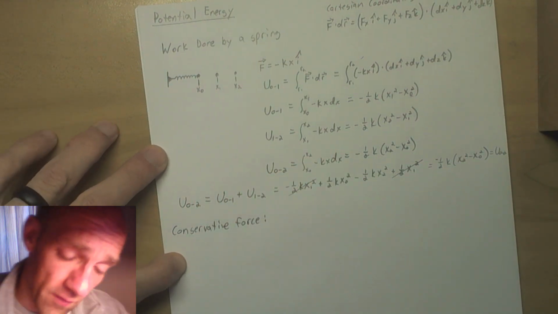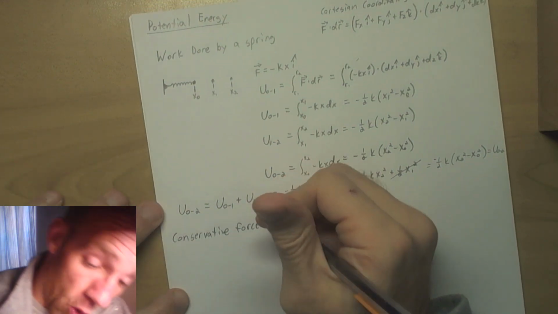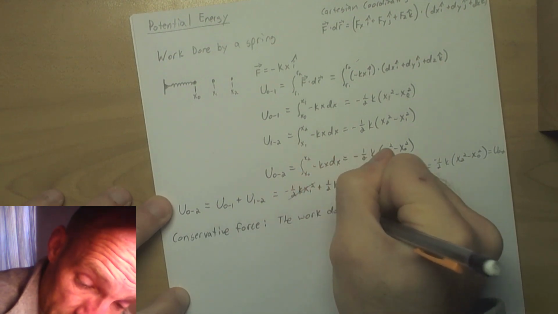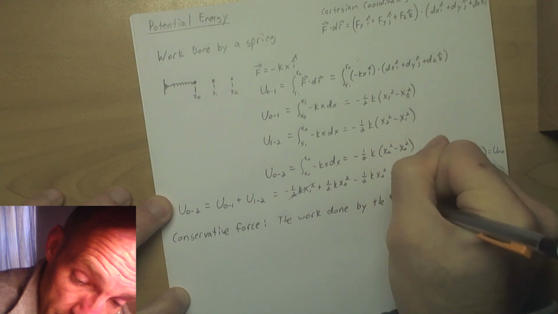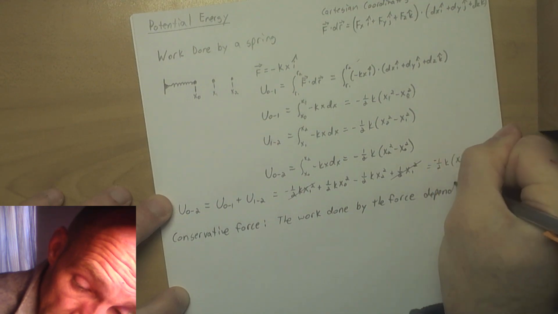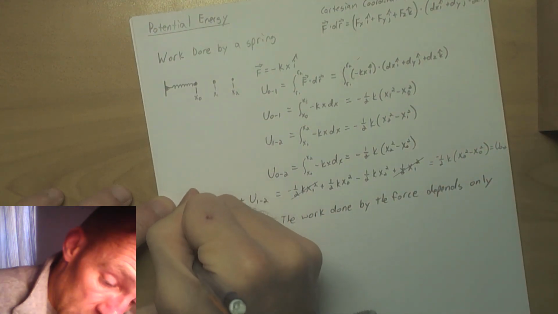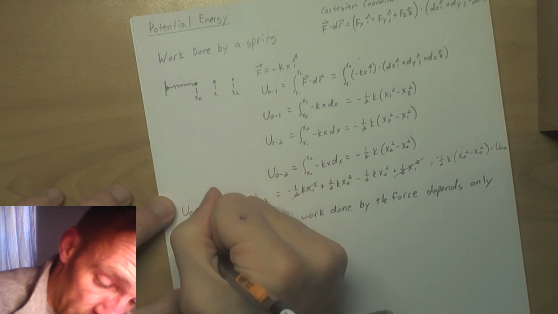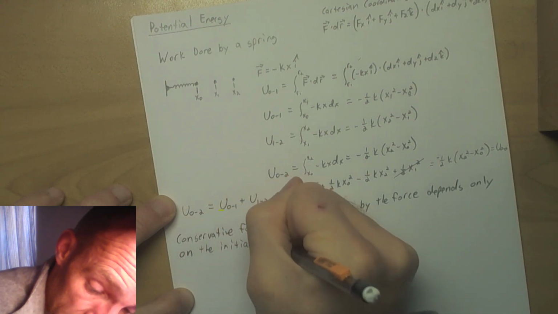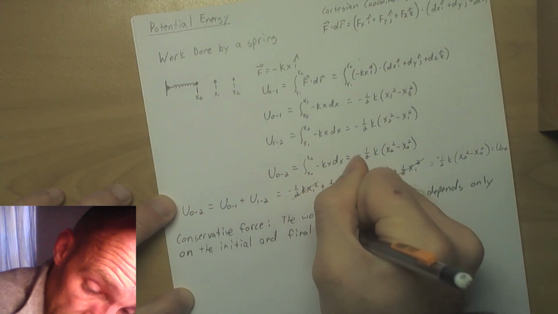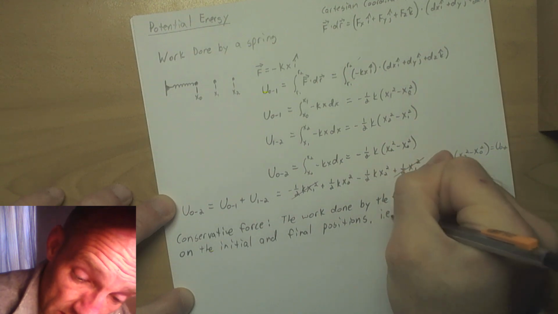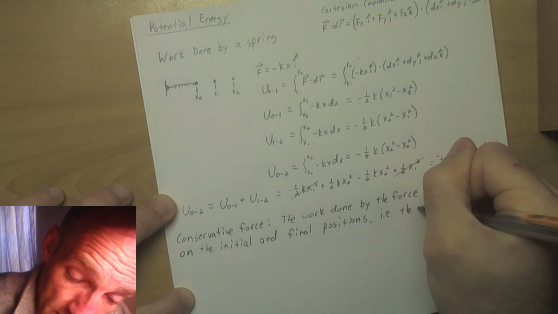And a force is conservative if the work that it does depends only on the initial and final positions, i.e., the path is independent of the path.